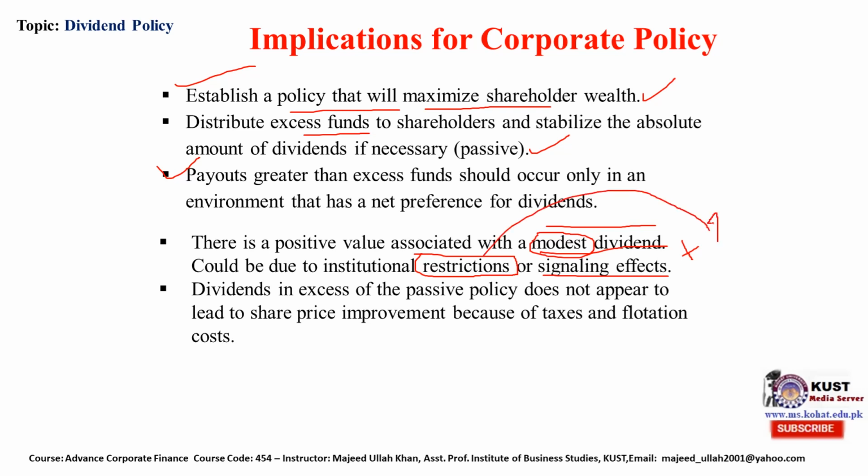Like a bank, if it lends money to any company, it will put restrictions in order to ensure that its principal amount and interest will be recovered. Dividends in excess of passive policy do not appear to lead to share price improvement. That is, as we discussed earlier, because of the taxes and flotation cost.